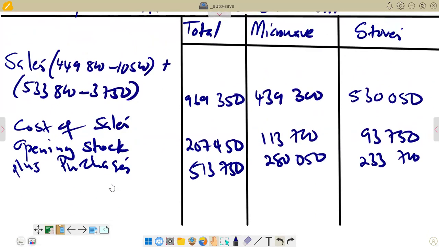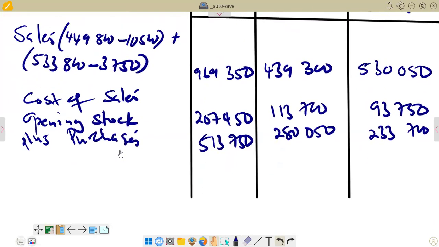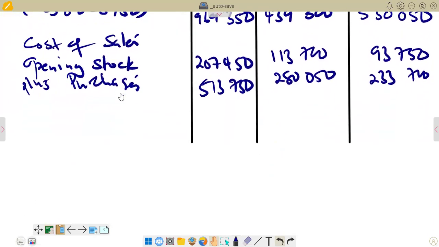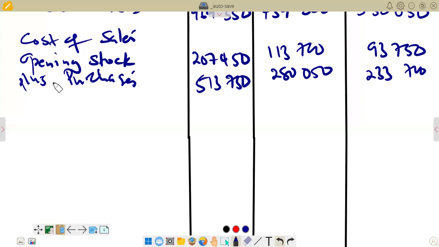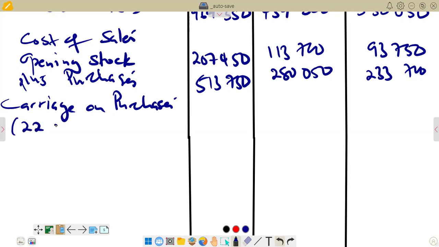So this is what we have. So we're just going to enter as such. So now we are saying our carriage on purchases, 22,875, and then we add our 4,800.